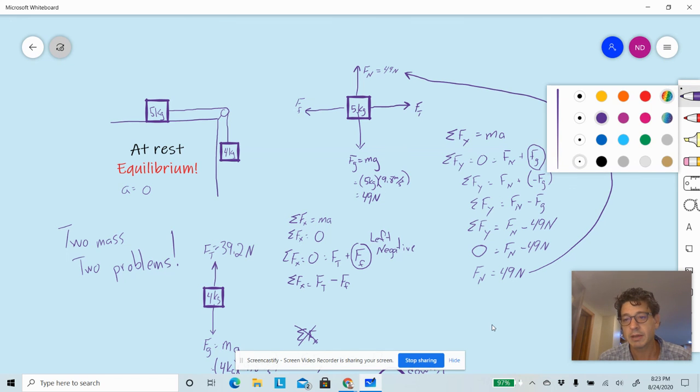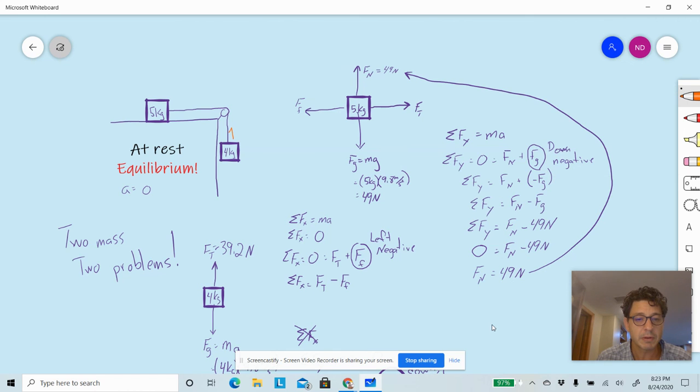If this tension over here is 39.2 newtons, this tension over here is 39.2 newtons. Same rope, same tension. That just helps us a lot figure this out. Okay, I'll stop here for now.